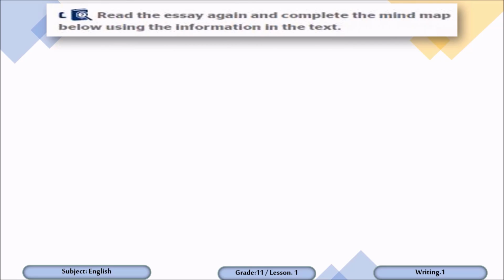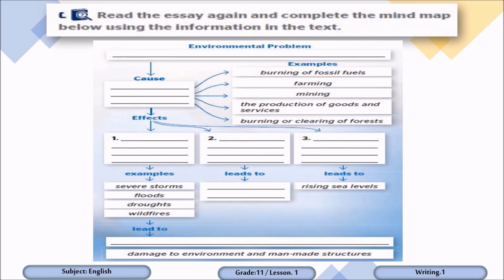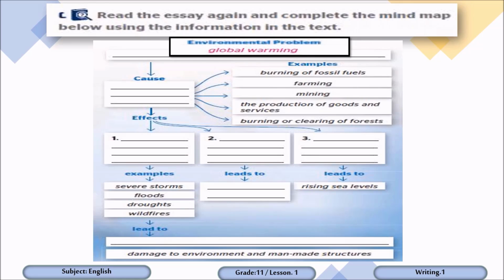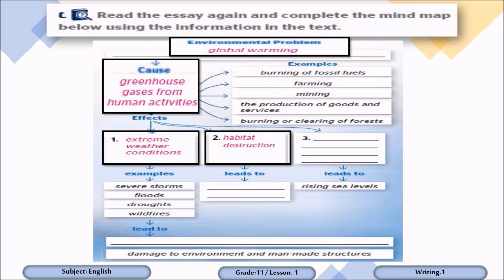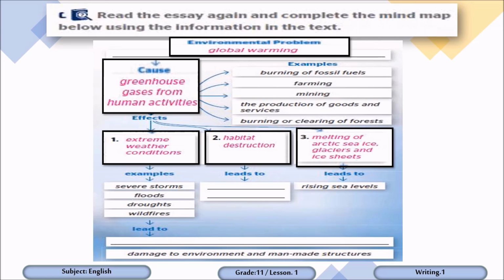Dear students, now it's time to check the answers. So, the environmental problem is global warming. The cause: greenhouse gases from human activities. And then the effects. 1. Extreme weather conditions. 2. Habitat destruction. 3.